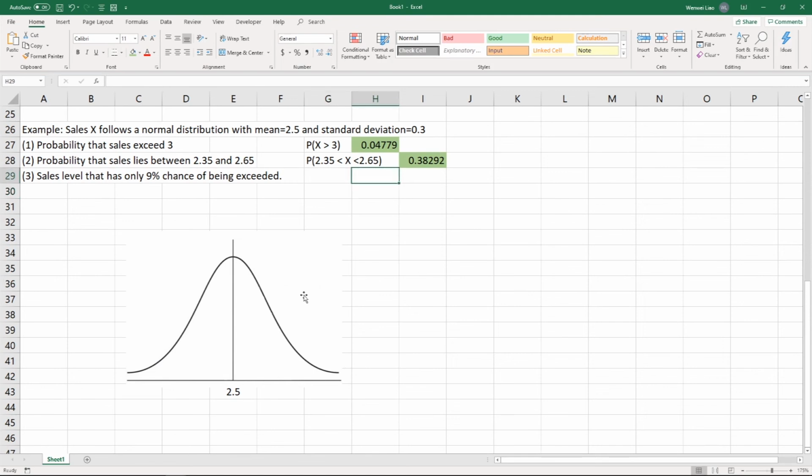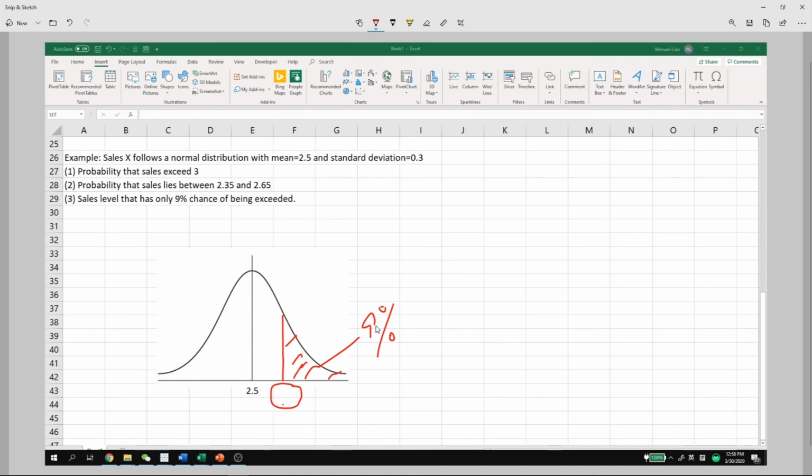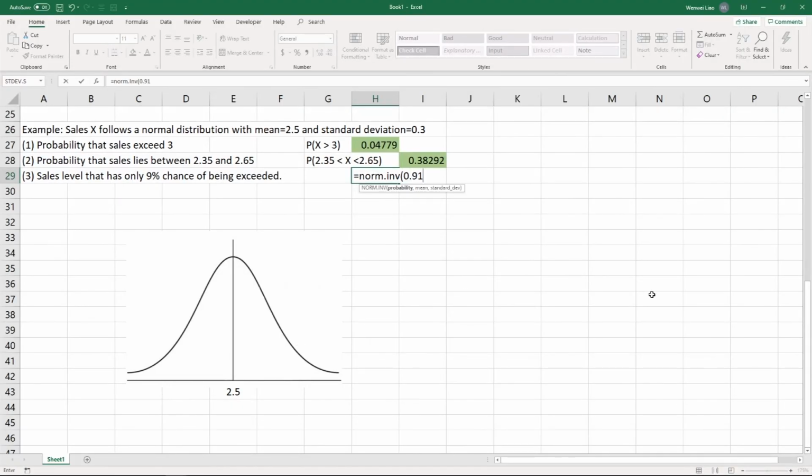There is a formula when we know the probability and then calculate the x, which is equals NORM.INV. And now we know this area is 9%, so the area here is 91%, right? 91%, and then 2.5, 0.3, then we can get the result 2.890.